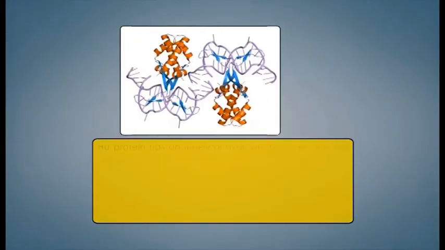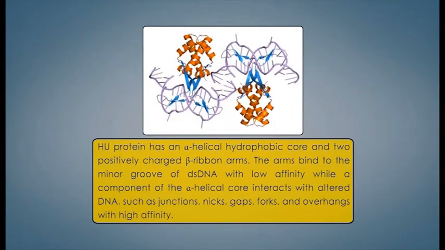It acts like eukaryotic histone proteins by forming a tetramer around which approximately 60 base pair of DNA becomes wound. HU protein has an alpha helical hydrophobic core and two positively charged beta ribbon arms.